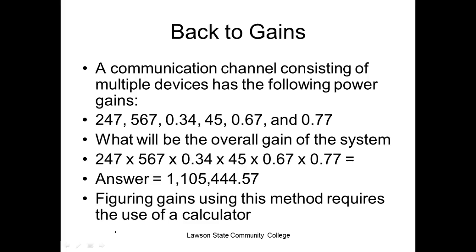Now, odds are we need a way to approximate this, right? Figuring gains using this method requires a calculator. What we want is a method where we can get a fairly good idea of the system without using a calculator.